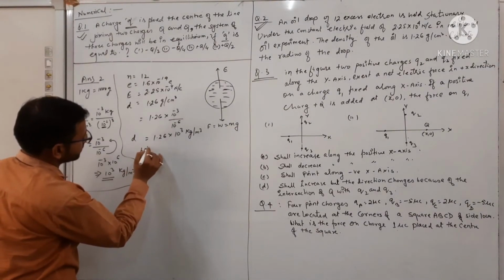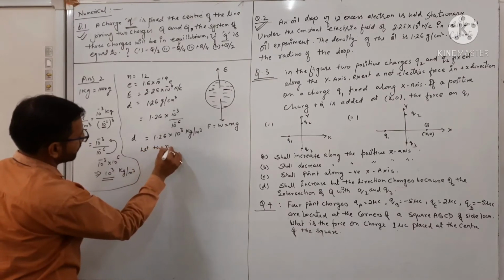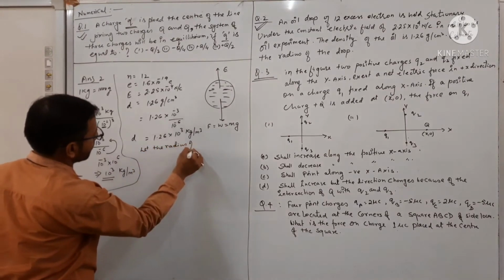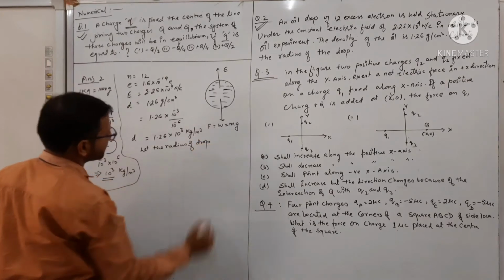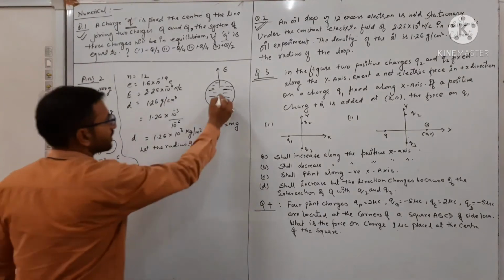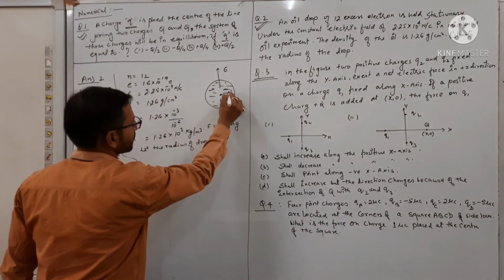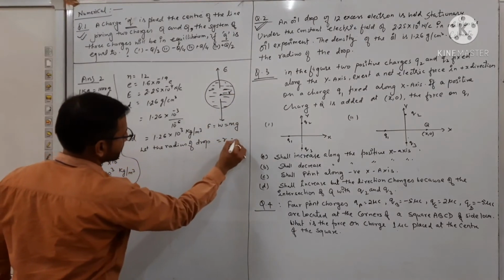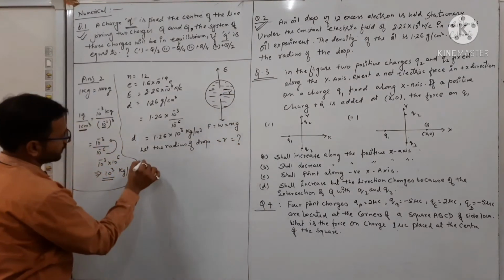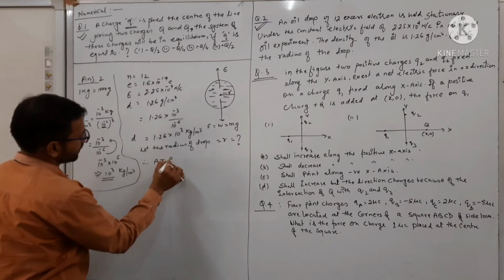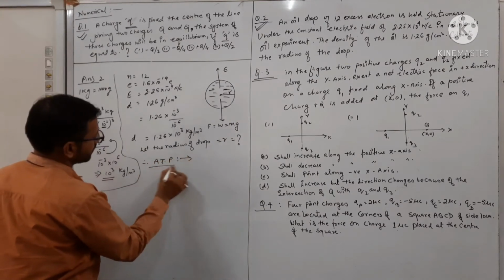Estimate. Let the radius of the drop, because the drop is spherical in shape, be small r, which is here the question mark. So according to the problem I am writing directly the solution here.